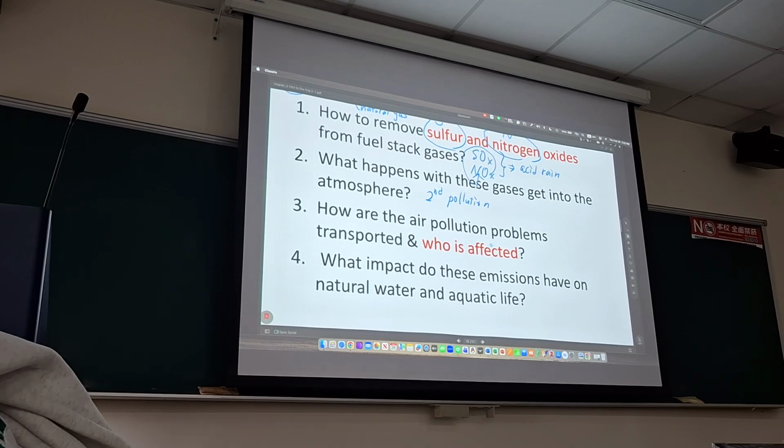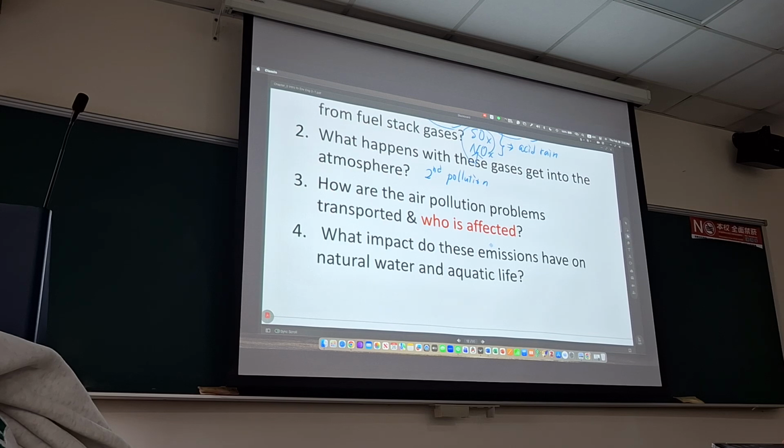And the last question: what impact do these emissions have on natural waters and aquatic life?